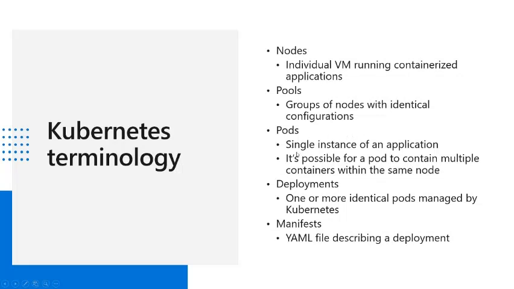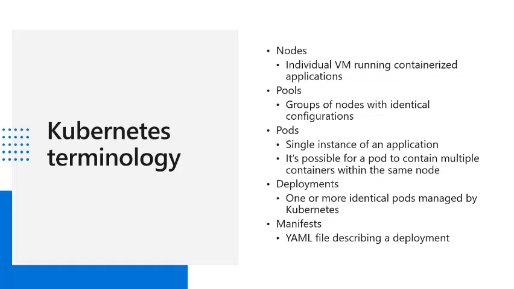Pods. Kubernetes uses pods to run an instance of your application. A pod represents a single instance of your application. Pods typically have a 1 to 1 mapping with a container, although there are advanced scenarios where a pod may contain multiple containers.